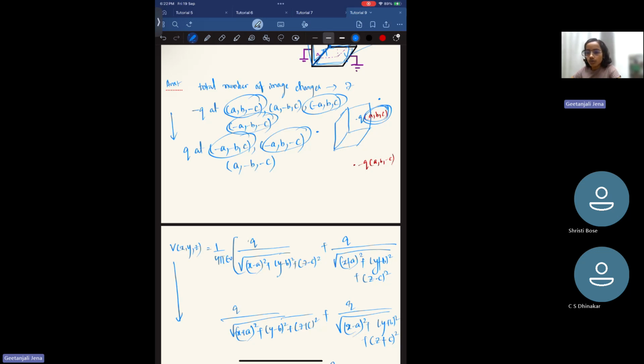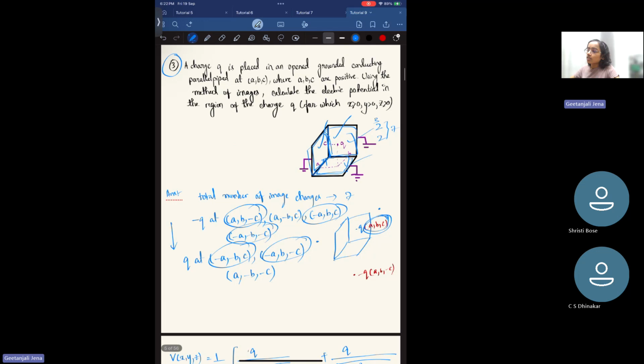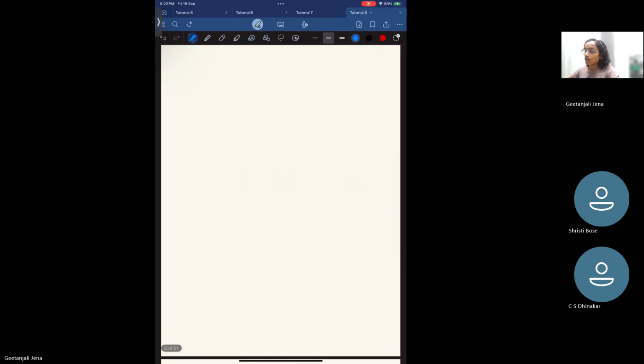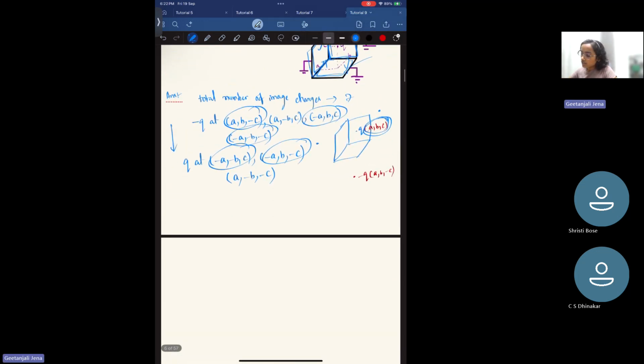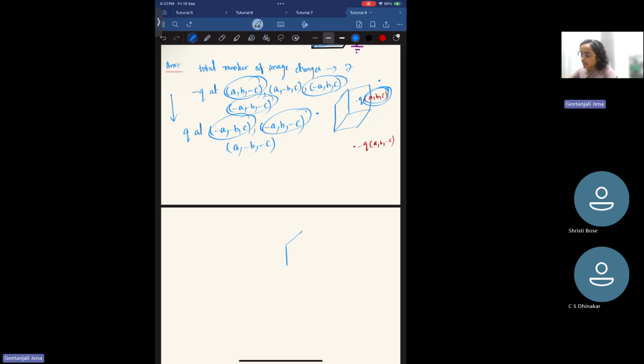If you know the coordinates, then it's quite easy to find out. Okay, so let me explain. Finding the image charges is fine for both of you, I think. If not, let me say once again. There are three planes which are at 90-degree angle to each other. So the total number of combinations of two planes will be three, right?